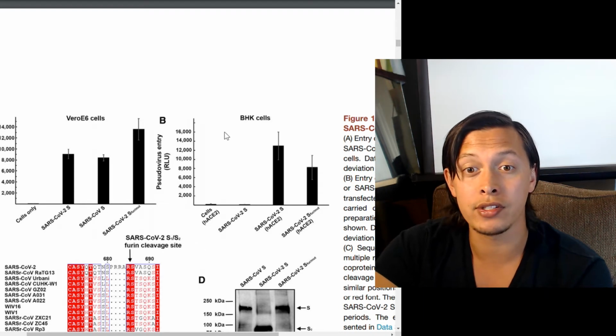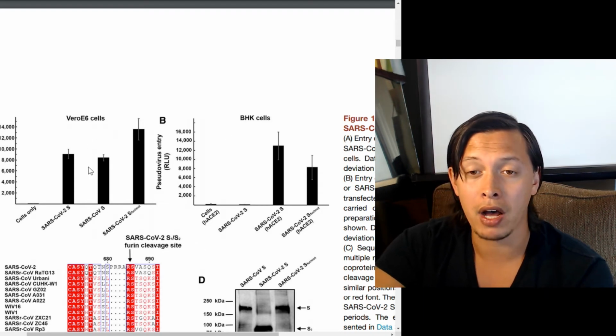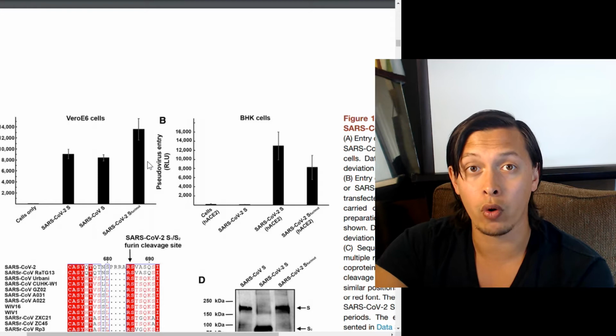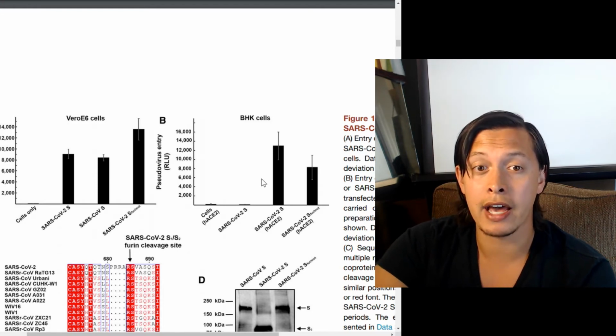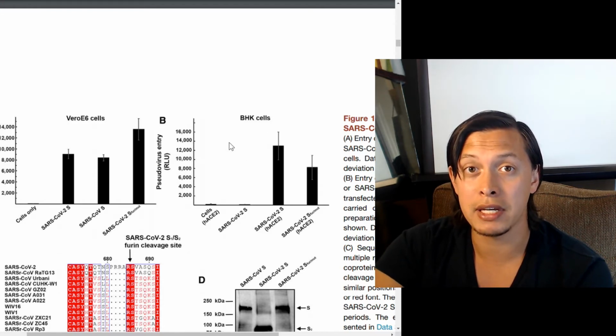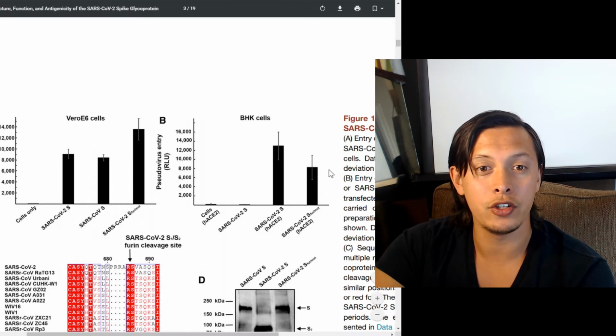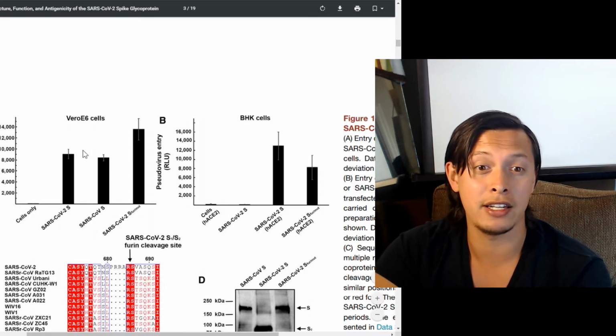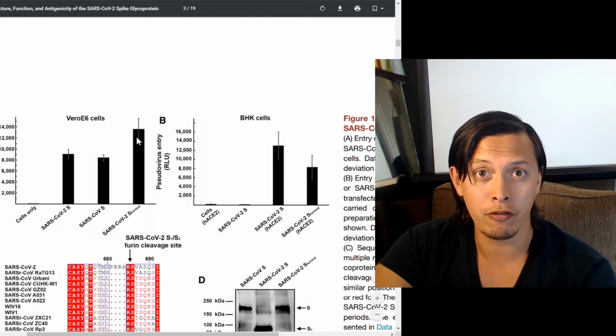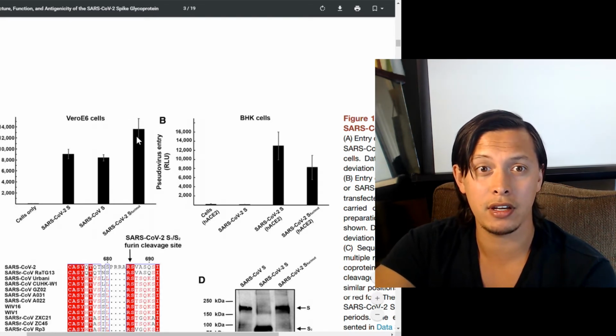So this is a strategy that the polybasic cleavage site can afford viruses: it allows viruses to be less precise in what species they're trying to target. And here you can see, you get rid of the polybasic cleavage site, it can actually improve the ability for this virus to infect a monkey cell.